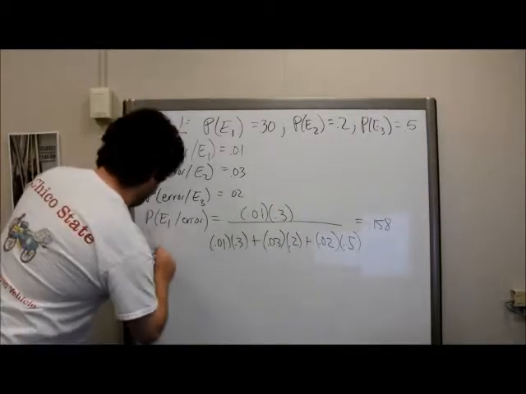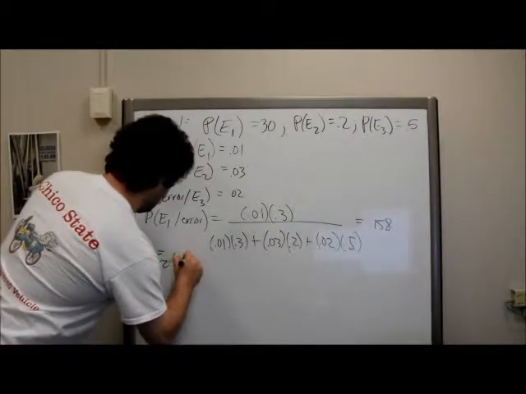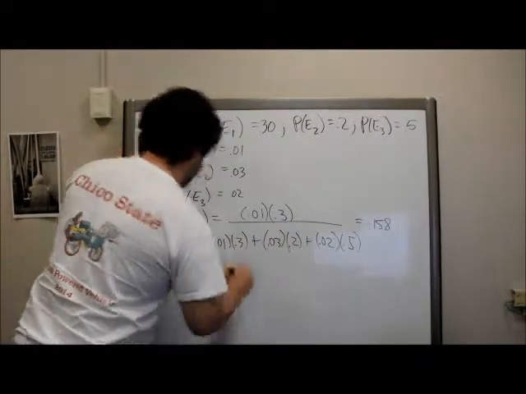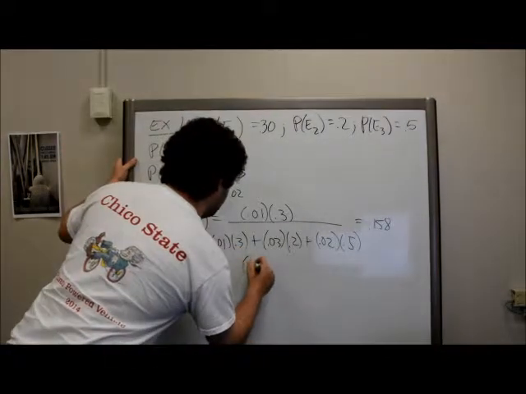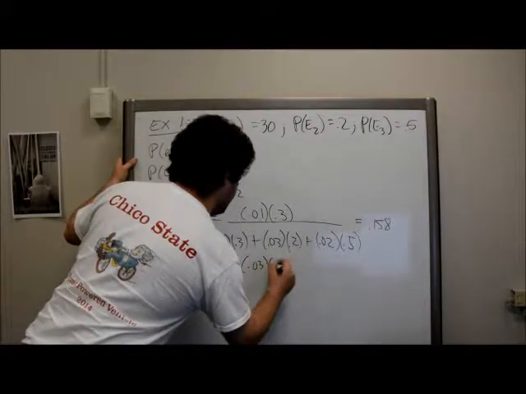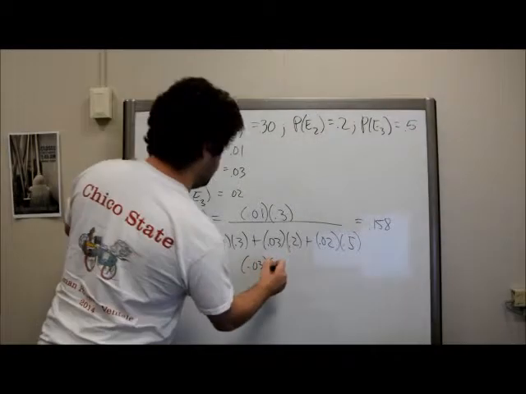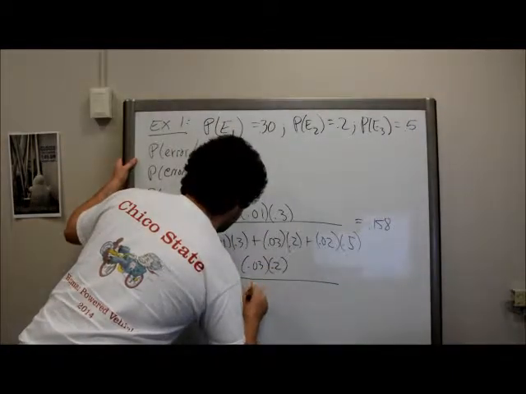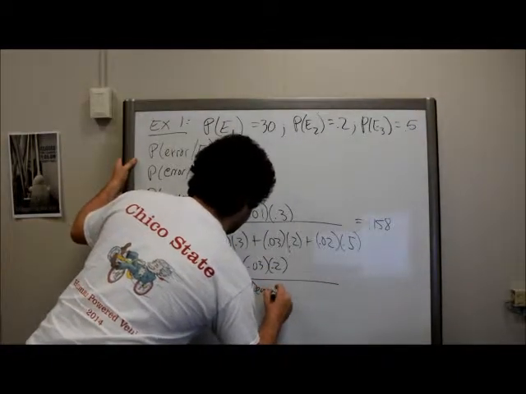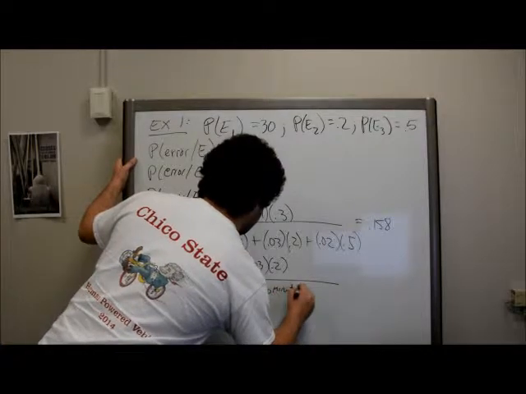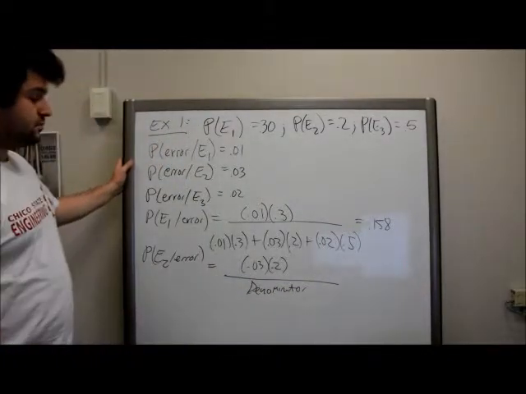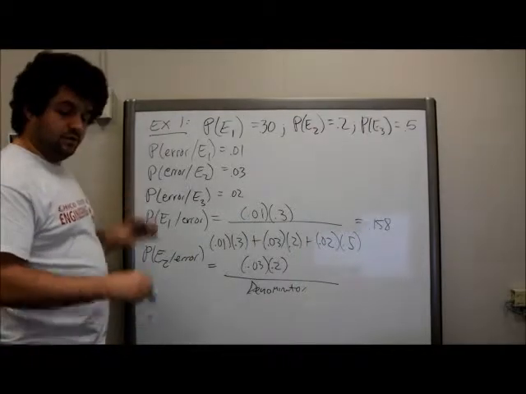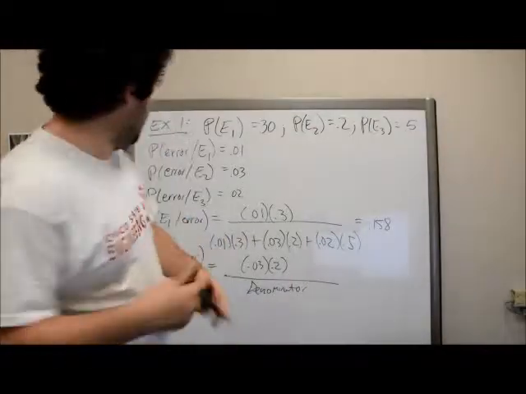So for engineer 2, it's going to be 0.03 times 0.2 over the denominator, and it would be 0.02 times 0.5 for the other one.